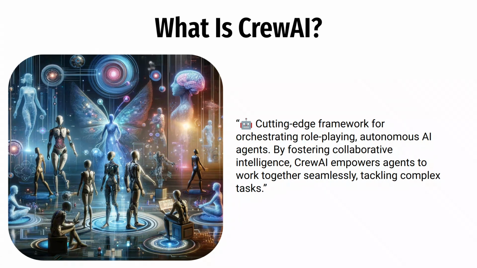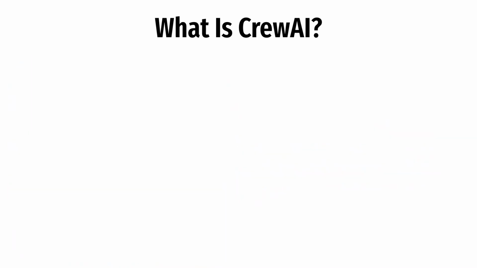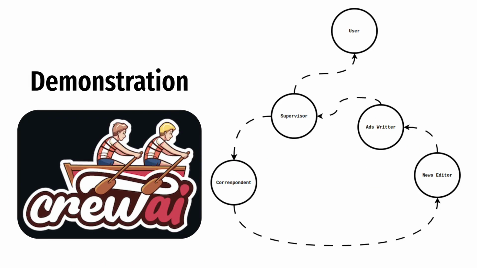When you have very complex tasks, like in our case here, we want to create a newsroom full of AI agents that are cooperating to generate the news, right? We have a correspondent that can search the internet for the latest news. We have a news editor that's going to write the news. We're going to have the ads writer that's going to take the final report from the news editor and write ads in it.